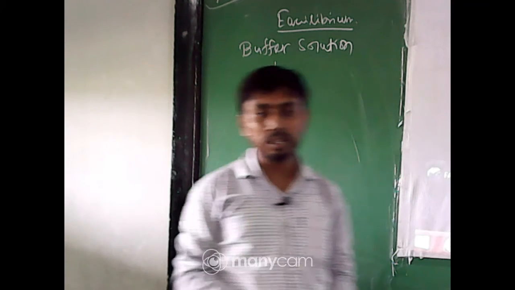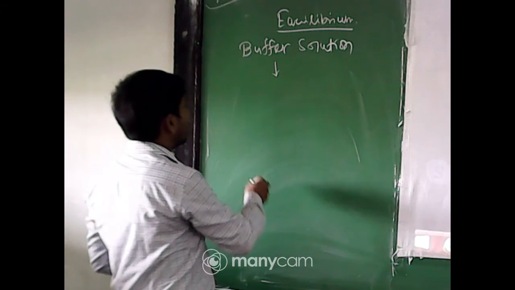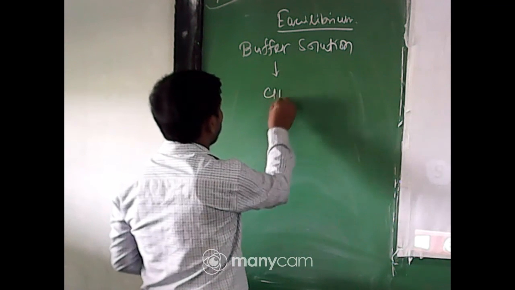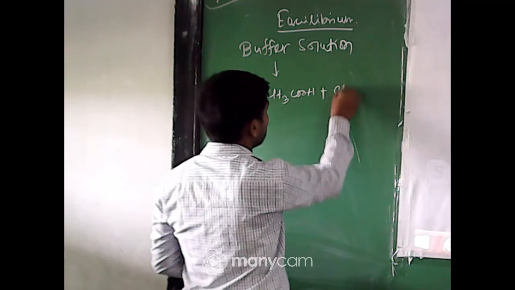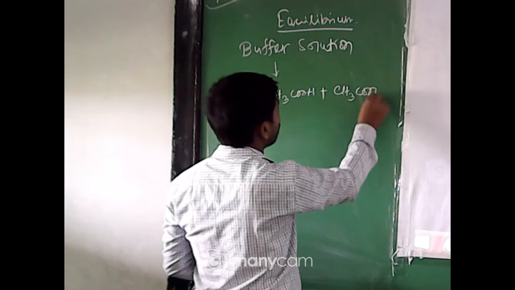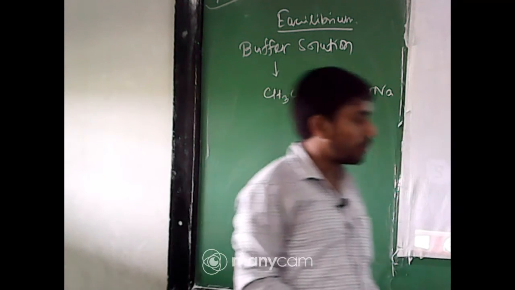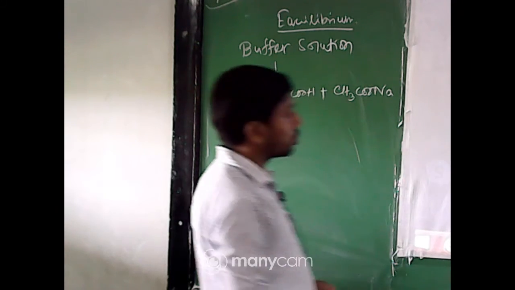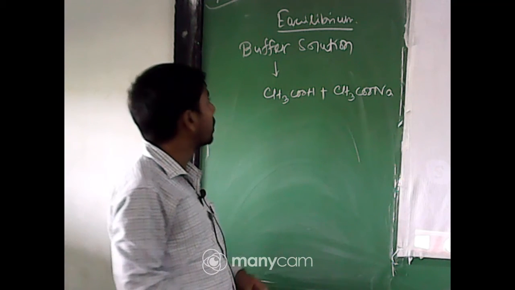For example, a buffer of acetic acid and sodium acetate. Do you know the definition of buffer? If you don't, then it will be a void, so I have to start with the definition.